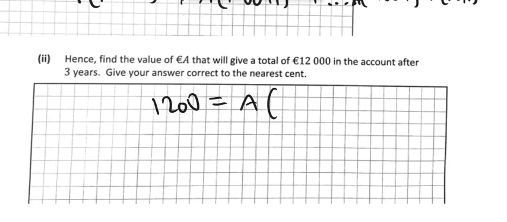So A, and then it'll be 1.0011, multiplied by 1 minus 1.0011 to the power of 36. So that's the amount of months, all over 1 minus 1.0011.